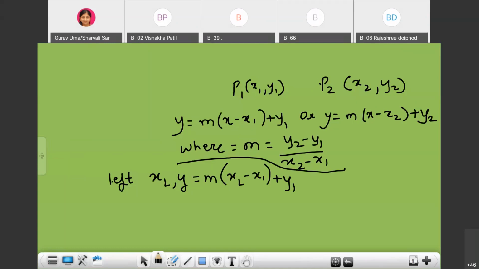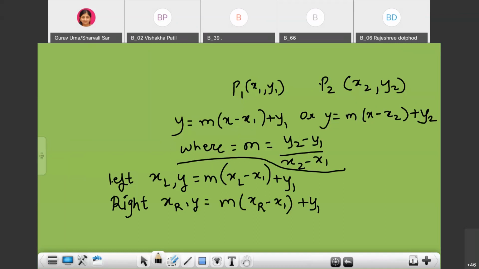So this is for left. Then for right, my intersection points will be xr comma y. The equation for this will be m into (xr minus x1) plus y1.